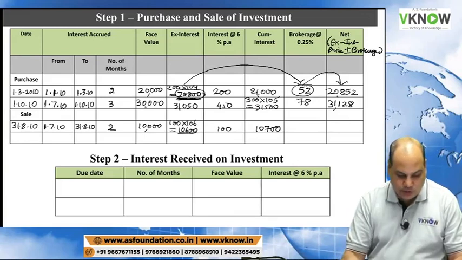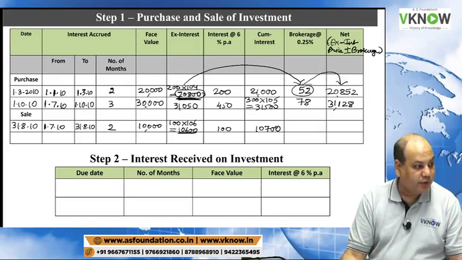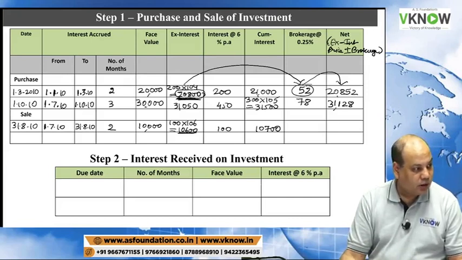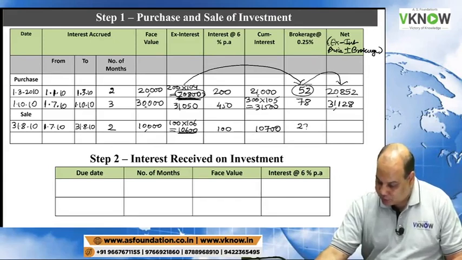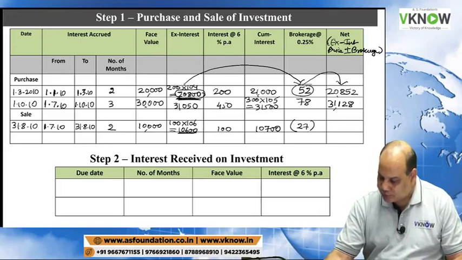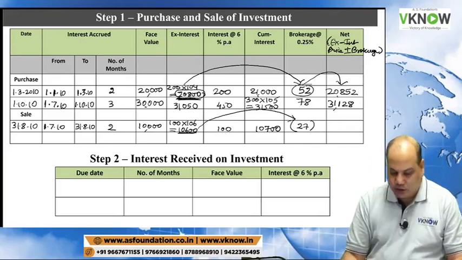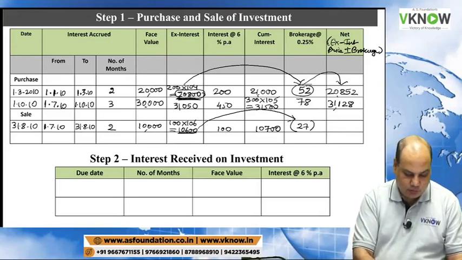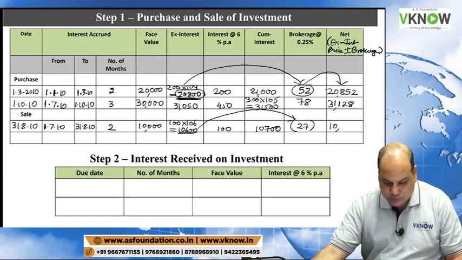On 10,600, you multiply by 0.25%. So you will get brokerage 27. 10,600 minus 27 is going to give you the net amount received.